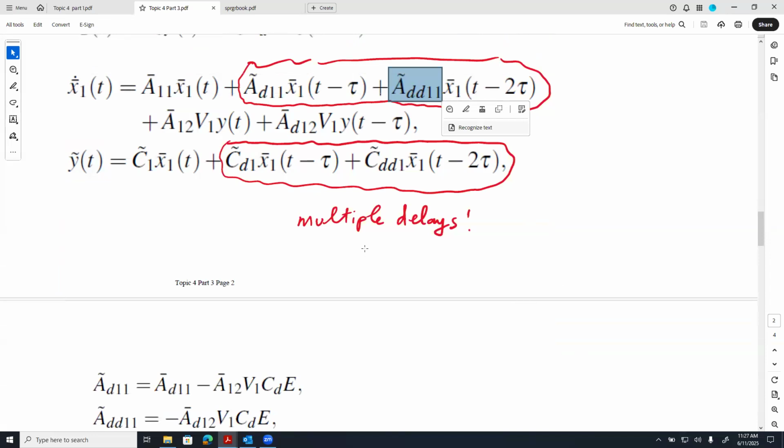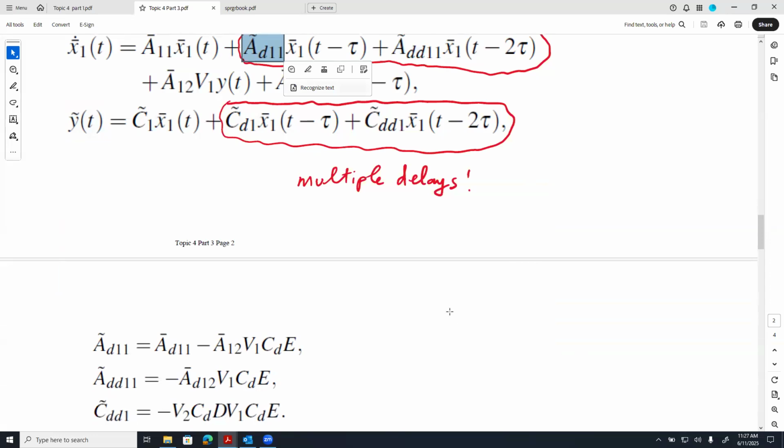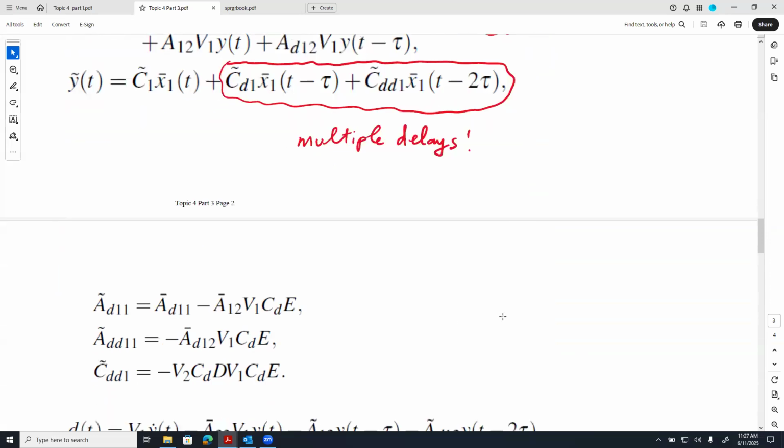For example, when we look at A tilde D11, hope that the notation is not that confusing. It is in terms of the submatrix of the delay matrix A bar D when we apply the stack transformation and we partition it into submatrices.